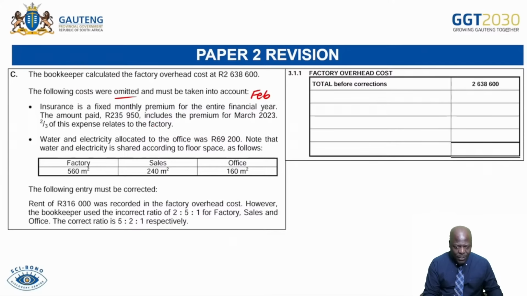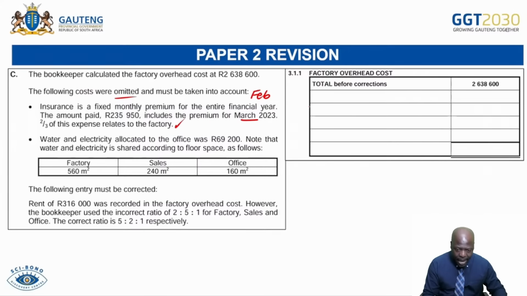And then we are told 2/3 of this expense relates to the factory. So you would know that the other amounts relate to selling and distribution as well as administration.